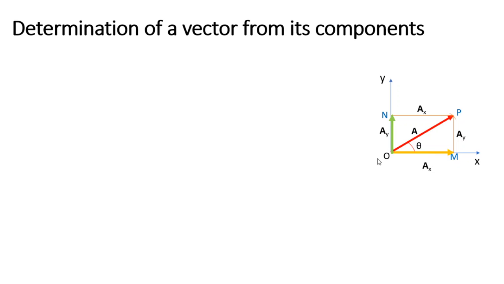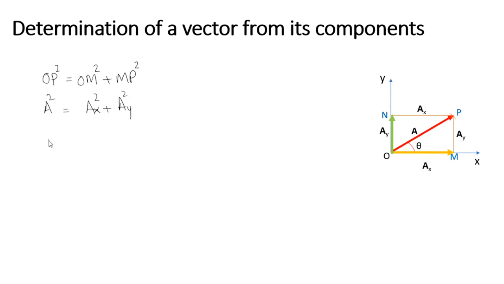We use the same Pythagorean theorem here again, because this is a right angle triangle, and from the right angle triangle we can write OP square will be equal to OM square plus MP square, or in terms of magnitude, A square will be equal to ax square plus ay square.